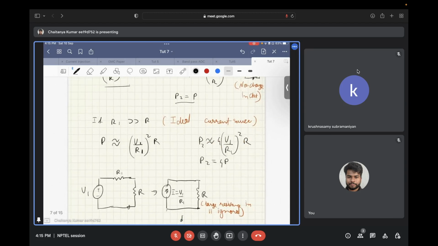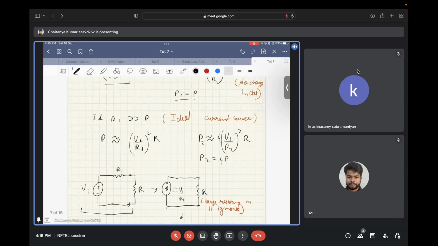Now, this is a case of ideal current source. So till now we have considered the Thevenin equivalent. If we convert it into a Norton equivalent, we will have a current source I equal to V1 by R1, and a resistance R1 in parallel to this. However, since this resistance is much larger than R, this resistance can be neglected, and what we have over here is an ideal current source connected with a resistor.